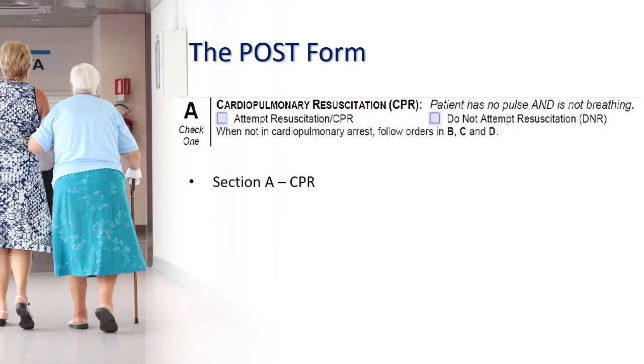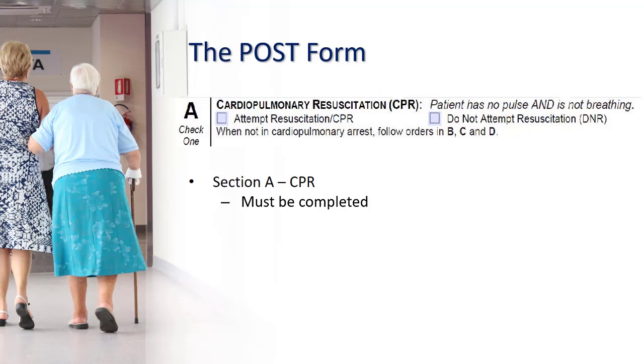So let's get to looking at the POST form. There are several sections of the POST form that are clearly laid out. Section A is titled CPR, or cardiopulmonary resuscitation. Section A must be completed. The patient must decide that they either do or do not want resuscitation.